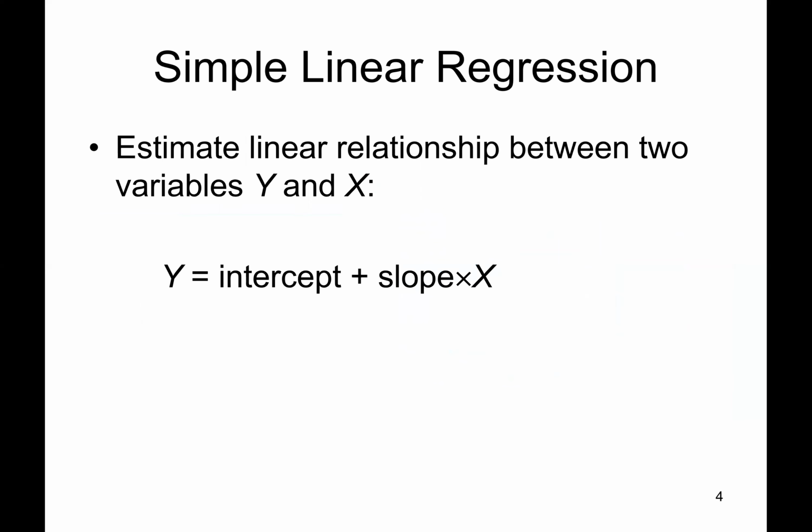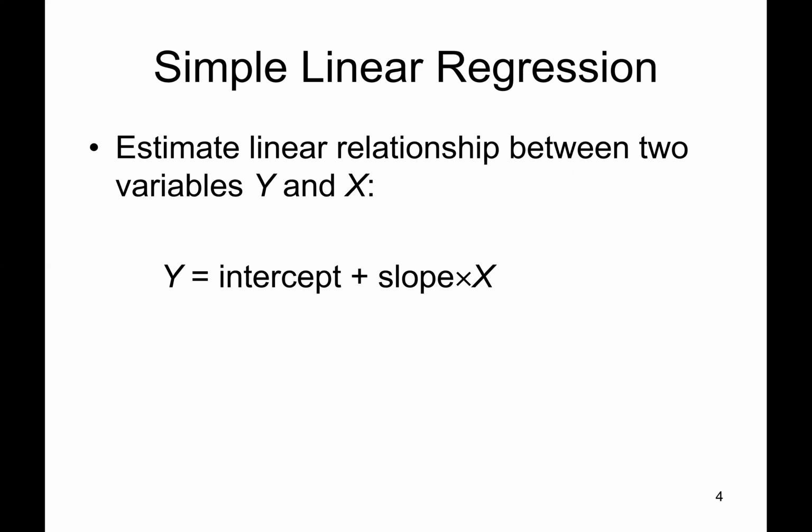Really what linear regression is about is just putting some more clarity around this relationship. So we're estimating, in particular, a linear relationship between these two variables, y and x. You've got the outcome variable or the dependent variable or the left-hand side variable. You can take your pick of any of those three. We call that y.